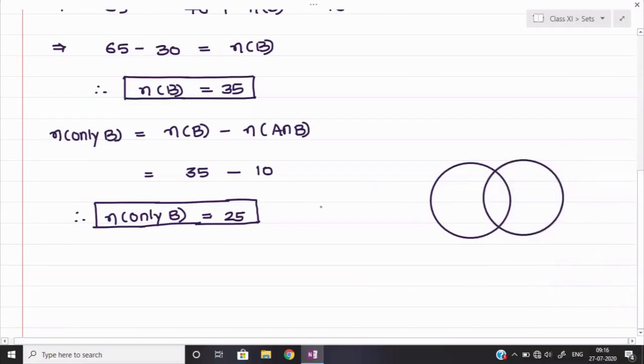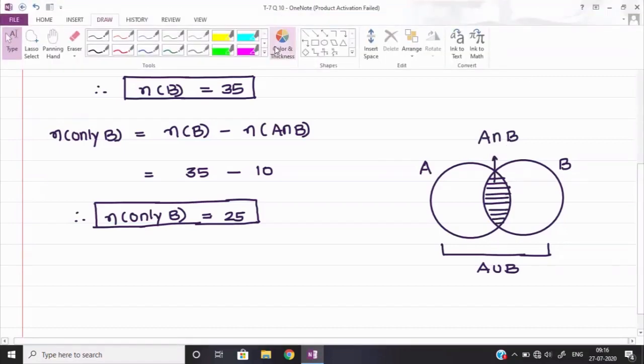So this is my set A and this is my set B. Now if I take all the elements of A and B, that is called A union B. If I take only this element, it is called A intersection B.